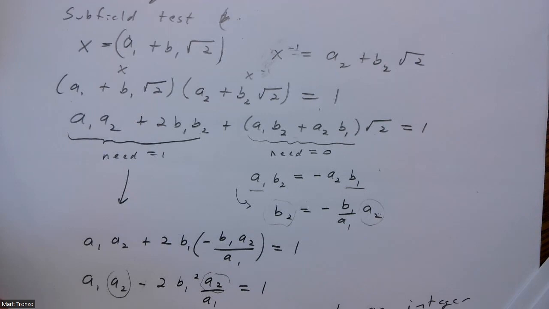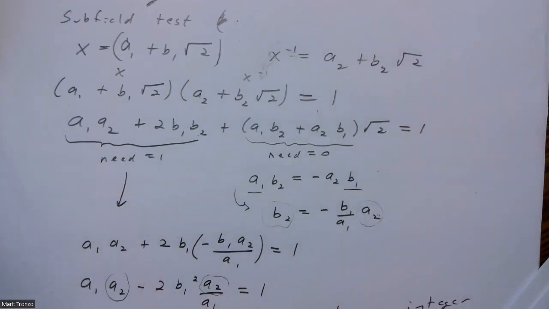Or does that still work? If you had rational numbers, you would have A1 B2 plus A2 B1 has to be 0. I didn't hear that last part. It's equal to 0. The integers, like square root or something.